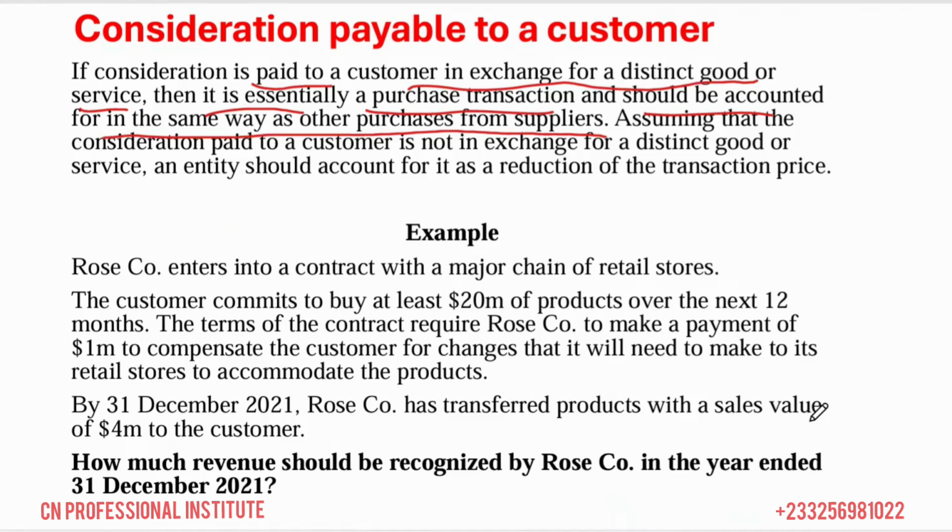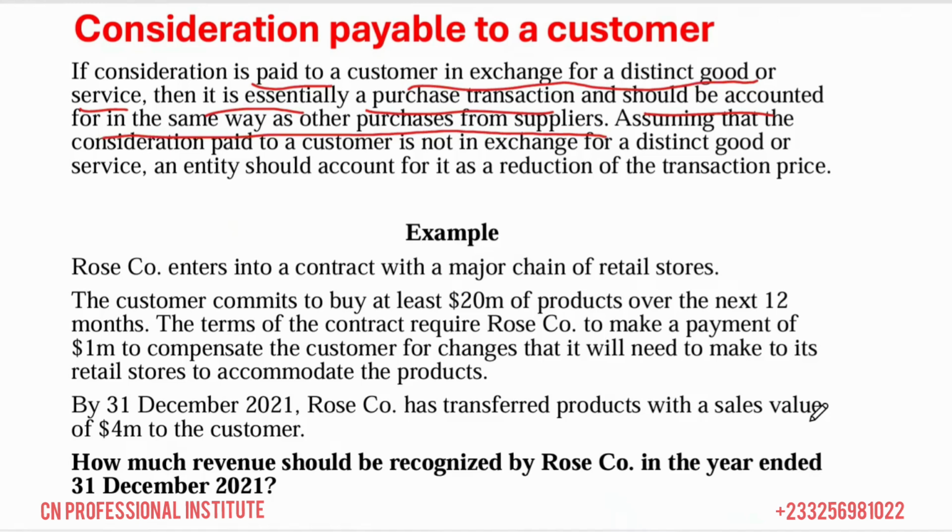But where the consideration, okay, let me try and summarize everything. What I'm saying is that if you pay a consideration to a customer, and that consideration is in exchange for goods and services, record it as a purchase.